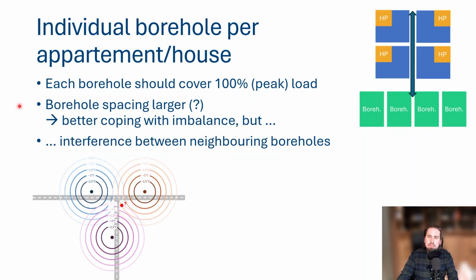But the problem is that even if you have individual systems, all those systems still interfere with each other. So it's the interference that we still need to take into account.